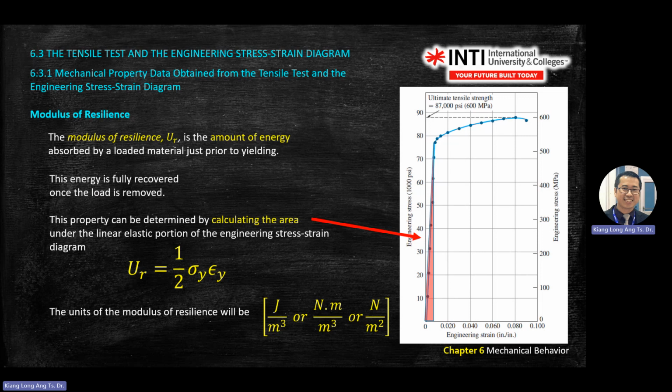Newton over meter square. If the question asks you in volume, you start to see volume already. You modify this unit a little bit. You multiply the denominator with meter, so you need to add meter on the top, and you get meter cube. The top is Newton meter. What Newton meter means is the moment, the torque.